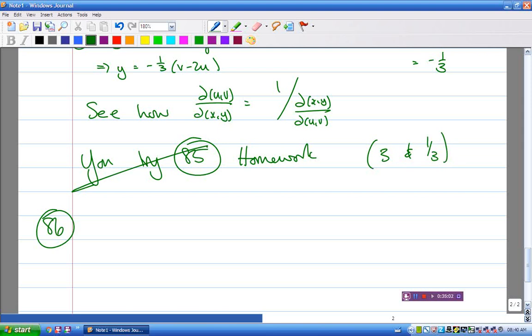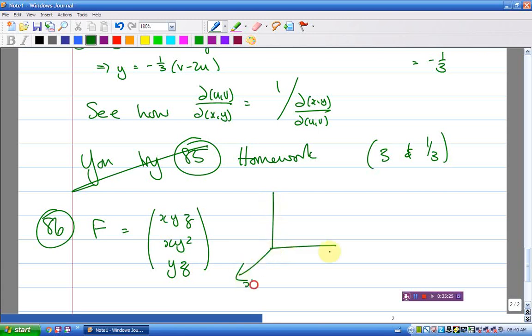Okay, 86. It says, let f be this thing here, x, y, z, xy squared, YZ. That looks familiar. Did we deal with that the other day in some other context? Find the approximate volume of the image of a small sphere of radius r centered at these two different points. So we have our XYZ space, and there's a little sphere floating in space there. It's got radius r.